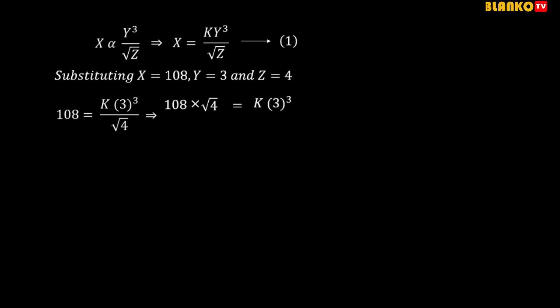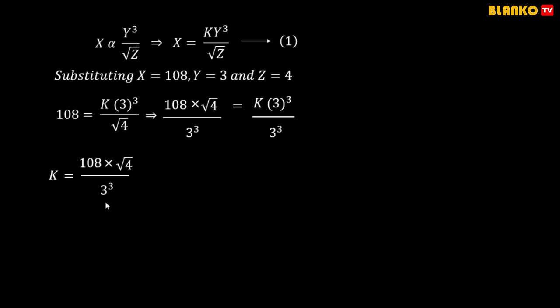So let's continue. To solve for k, we divide both sides by 3 cube. So k is equal to 108 times the square root of 4 over 3 cube.